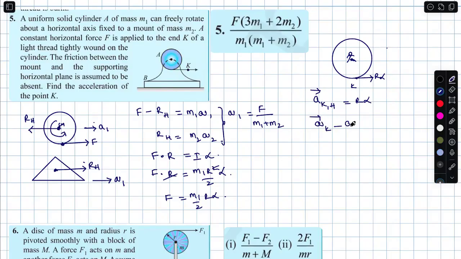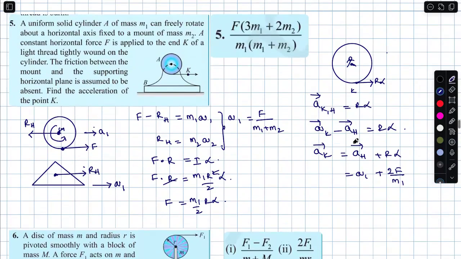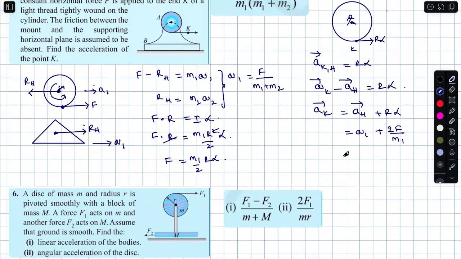Acceleration of K minus acceleration of hinge is R alpha. Acceleration of K is acceleration of hinge plus R alpha. Acceleration of hinge is nothing but A1. A1 plus R alpha. This is nothing but 2F by M1. What is A1 by the way here? A1 is F by M1 plus M2, plus 2F by M1.